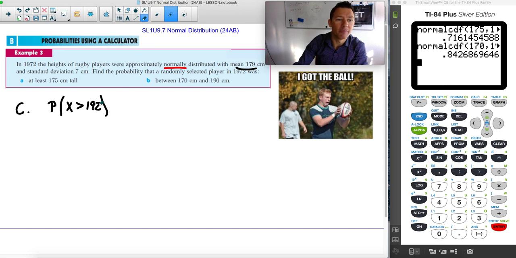No. Making stuff up. Greater than a certain number, right, is like 25%. Right? What's the probability of that happening?